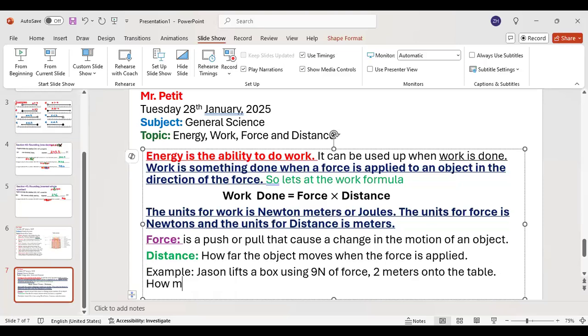How much work? Wait, so Mr. Petit, we doing math inside of general science? Who is that speaking? Michael? No. Then the quizzes are not for you. They're for someone else. I mean like when they say work done equals force times distance. Yes, we are doing math in general science.